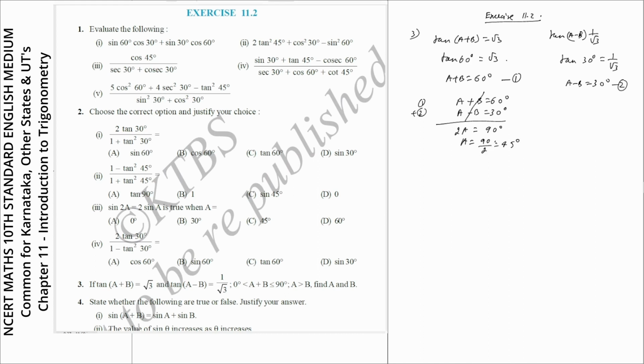If I put A equal to 45 in 1, I'll get 45 plus B is equal to 60 degree, so B is equal to 60 minus 45 degree. So B is equal to 15 degree. So A is equal to 45 and B is equal to 15 degree is the answer.